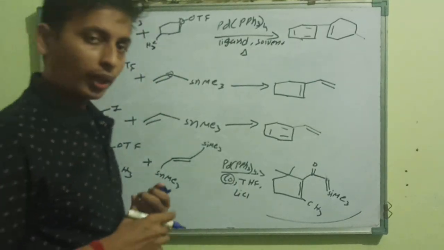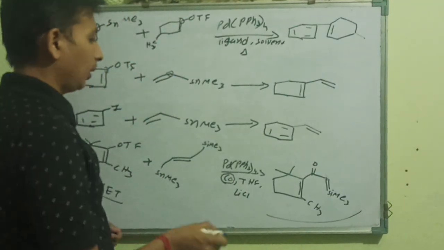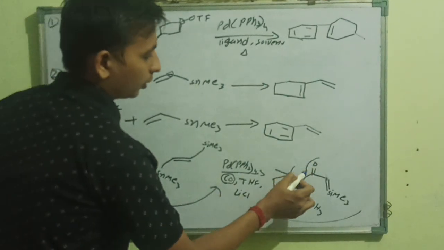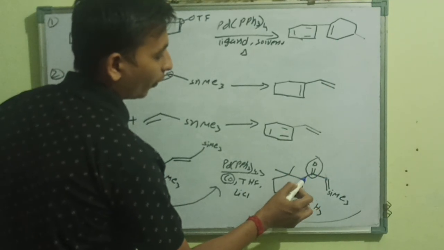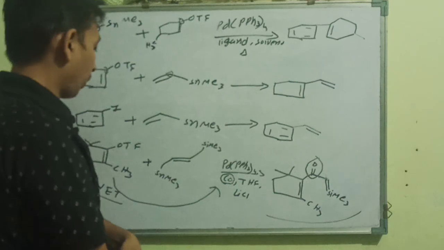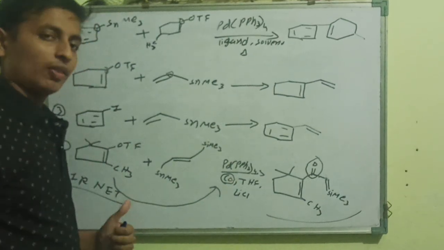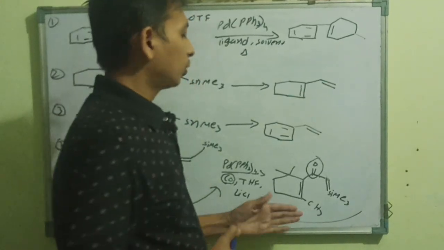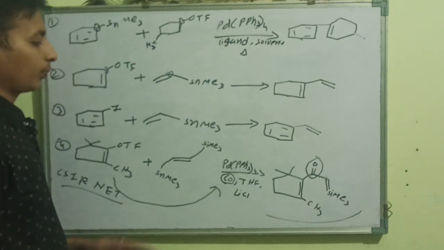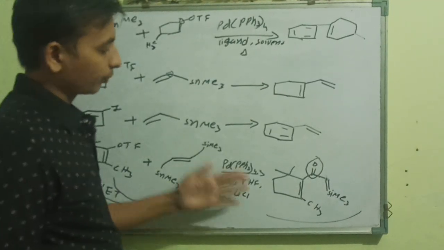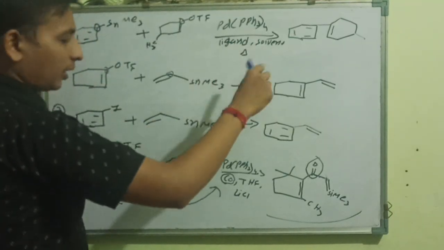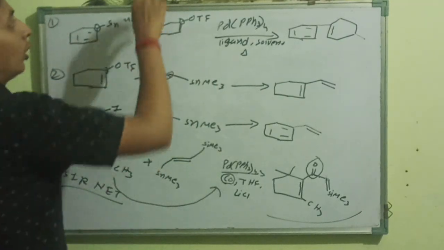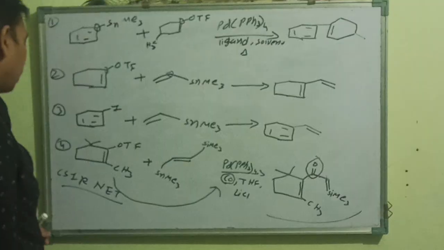Carbon monoxide is used, so there is insertion of CO, and a new bond is formed. So this is a tricky question for CSIR NET. Another question is advanced and important, so you can practice it. The same solvent and reagent are used for three questions; these are very easy and important. Stop the video and take the screenshot.